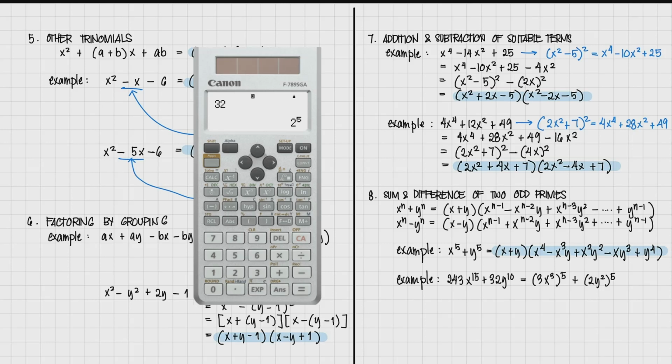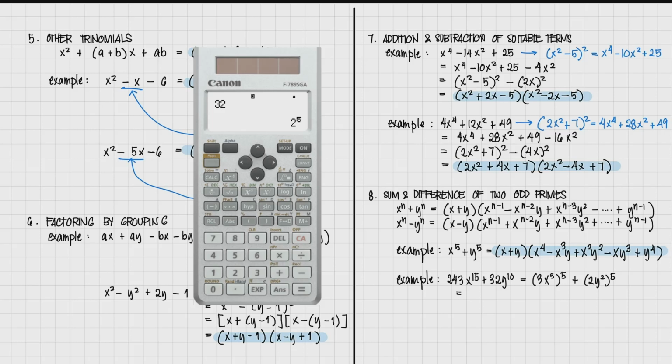So, meron na tayong odd prime. So, the next thing that we're going to do is we're going to apply the formula. Itong formula na to. So, this will now be our x and this will now be our y. Okay. So, let's do that. So, dito ko na lang sa baba ilalagay kasi medyo mahaba.